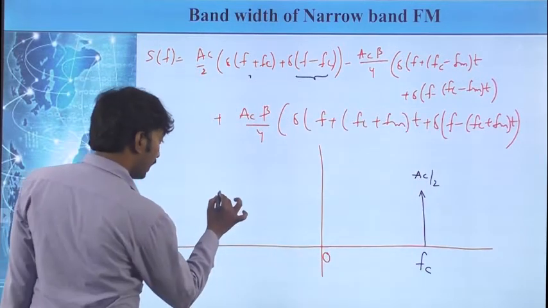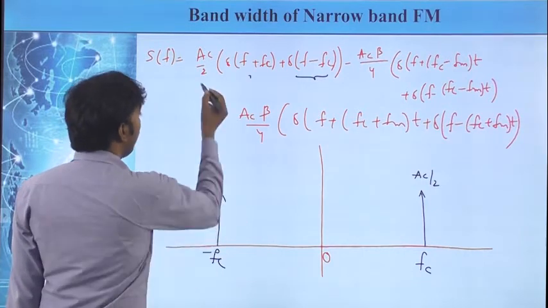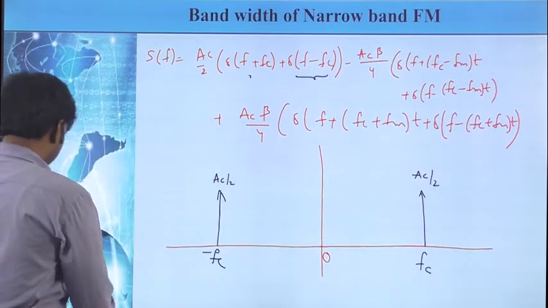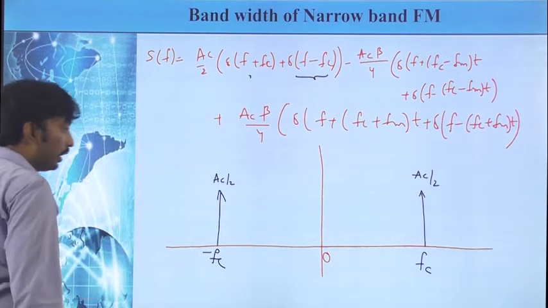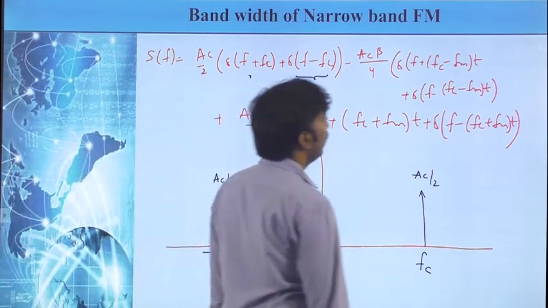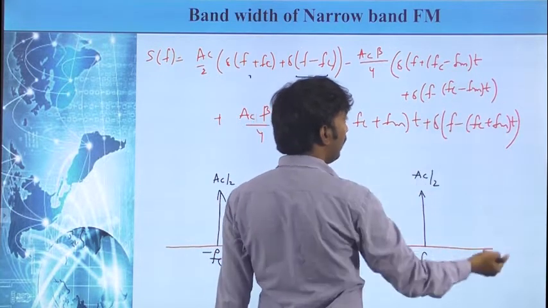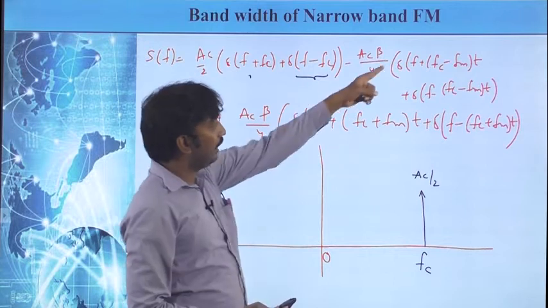And again I have an impulse at minus Fc. The magnitude is AC by 2. Now the upper and lower sidebands I will draw in green. So now this is F equal to Fc plus Fm, and Fc minus Fm. Now what is the magnitude here?